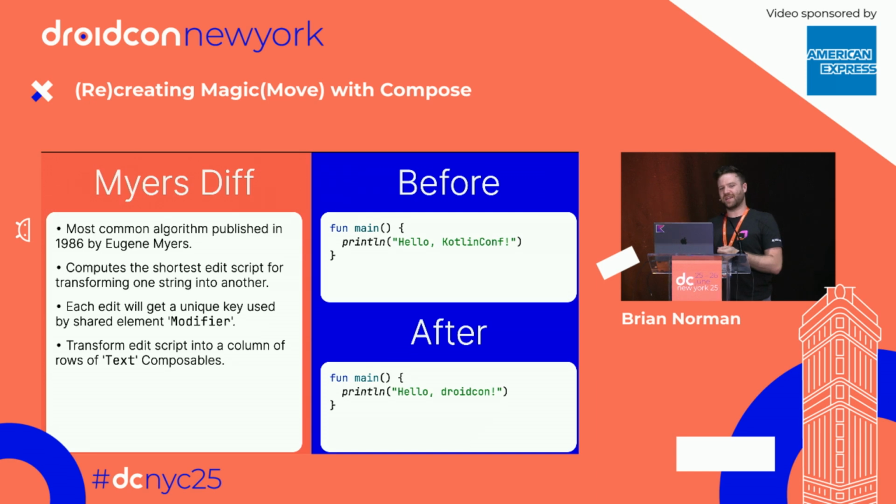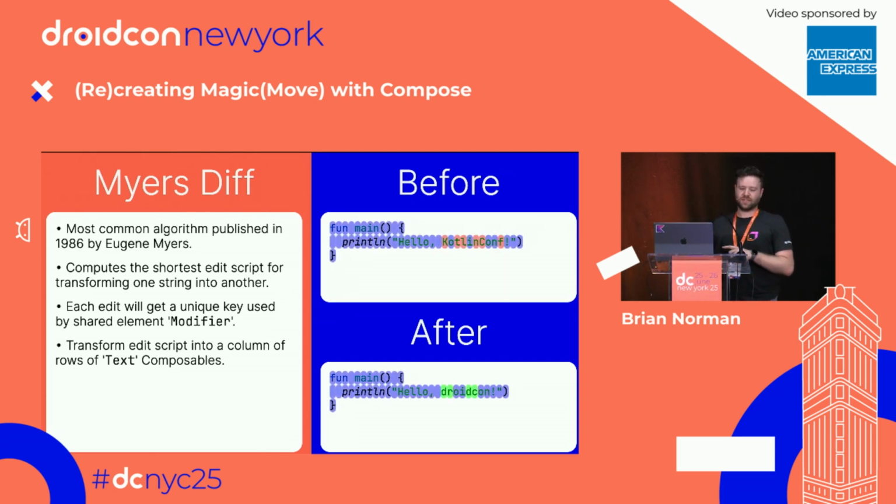But see, Myers didn't actually really care about strings. It cared about sequences of elements. There was nothing really specific about that example that I showed you that said it has to be text. It just has to be a list of some element across the top and a list of the same kind of element down the left. And as long as you can compare them for equality, you can solve Myers on basically anything and get a delta for it.